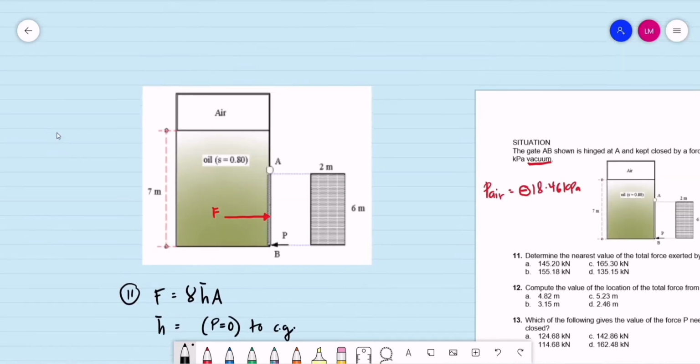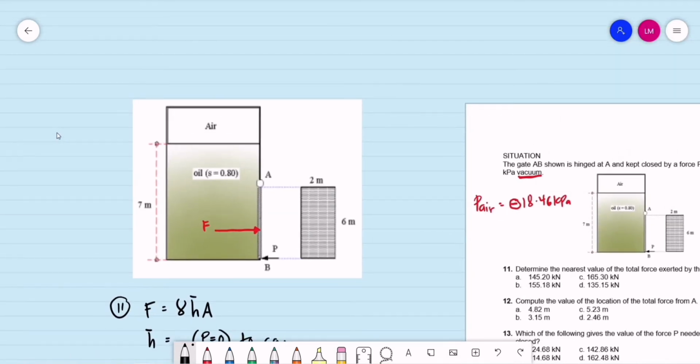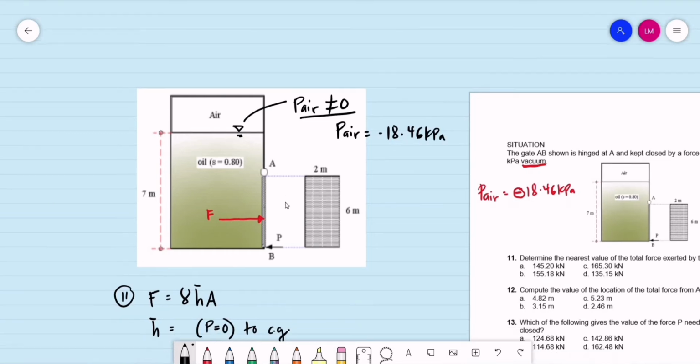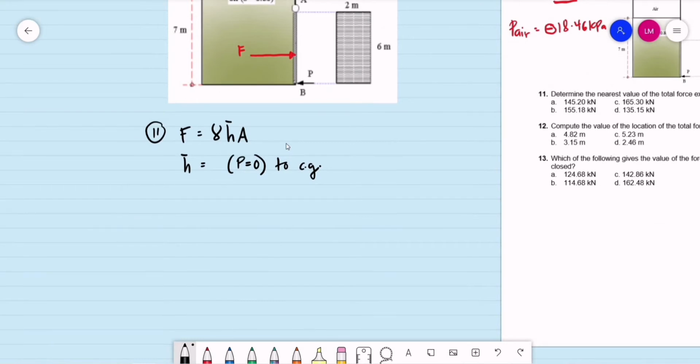Pero for this example, malinaw na binanggit niya sa problem na yung pressure sa air is not equal to zero. Yung pressure sa surface of the oil is not zero pressure, since yung pressure sa air dito is equal to vacuum pressure, negative 18.46 kilopascals. So therefore, yung formula na to, the gamma bar H, is not applicable. Pero pwede nating i-reword.